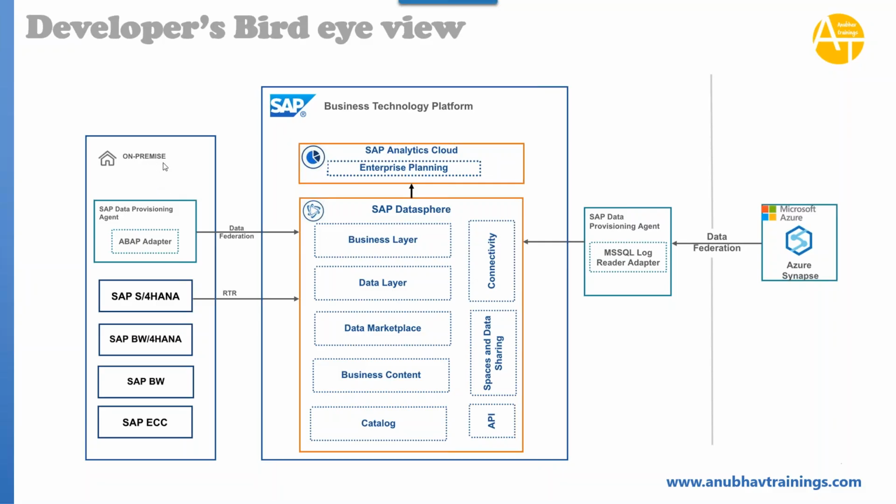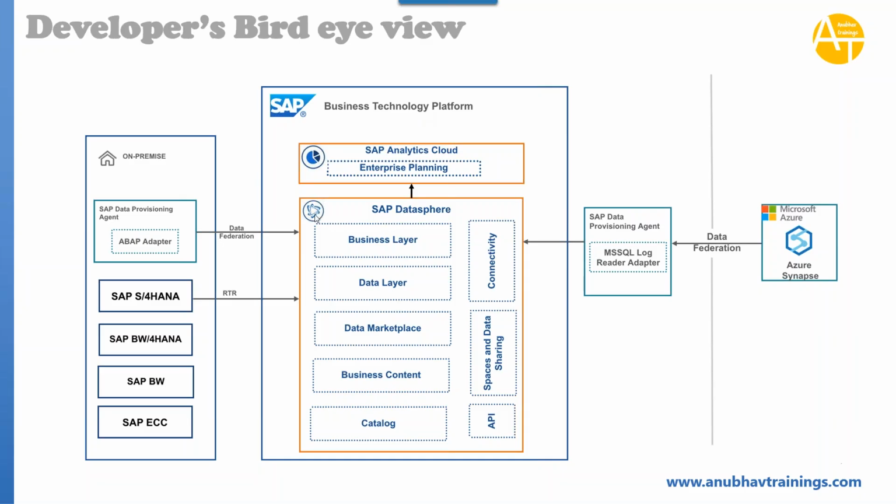So first of all, you have on-premise sources like S4HANA, BW for HANA, SAP BW, and ECC system. And then you can use additional data adapters to provision your data to DataSphere. You can see DataSphere is offered on top of SAP BTP. So BTP is the platform, the underlying infrastructure. On top of it, DataSphere is offered. In fact, Analytics Cloud is also offered on top of the BTP platform.